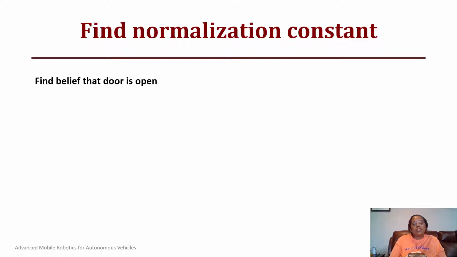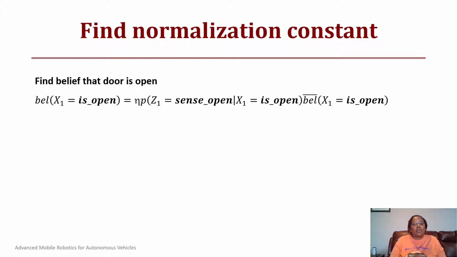So find the belief that the door is open. Using the values that we had before, we will have the belief of X1 is open equals the normalization constant times the probability of sensing the door is open where the state is open, times the belief that the state is open. And so this is eta times 0.6 times 0.5, which is eta times 0.3.